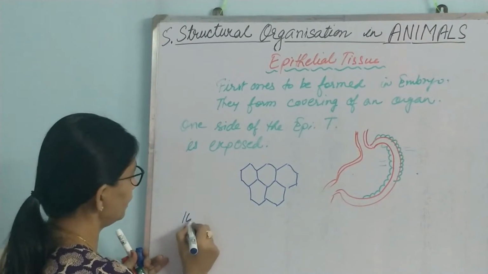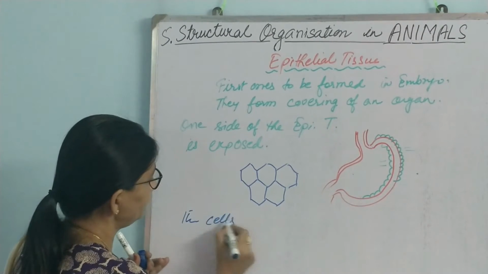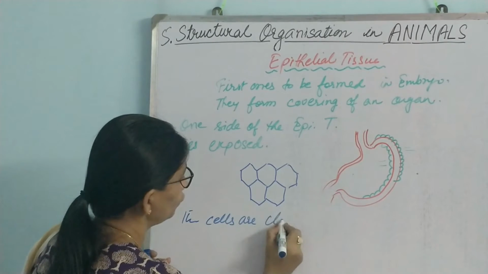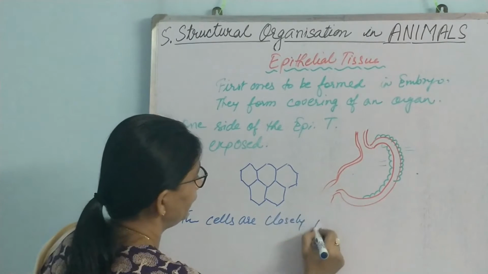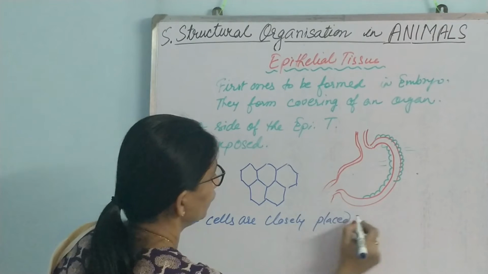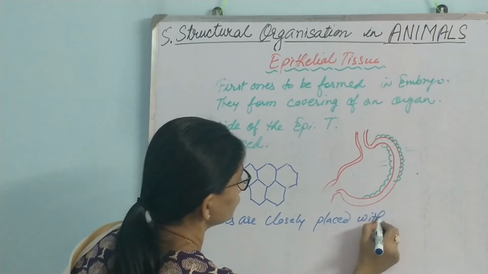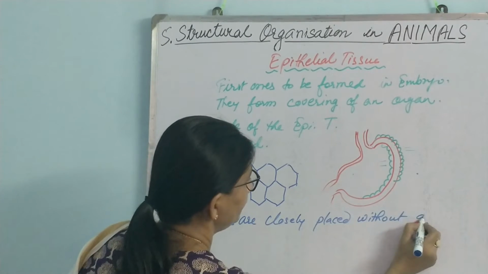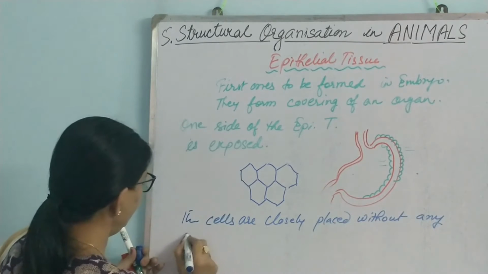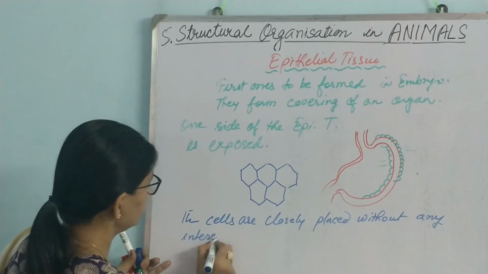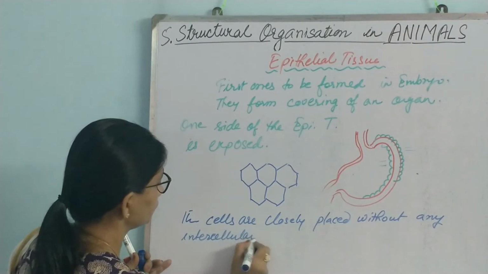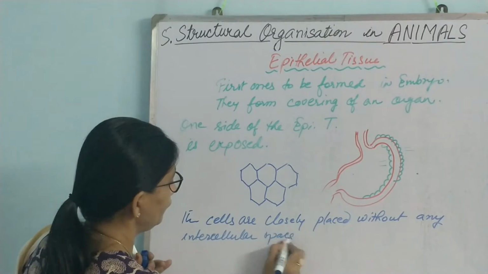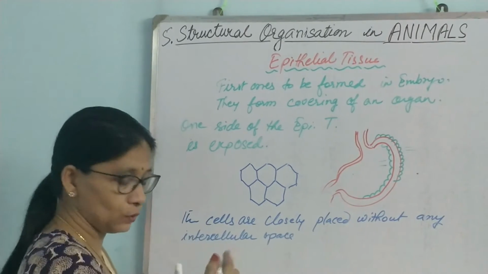The cells are closely placed without any intercellular space. Intercellular space is also known as extracellular space.